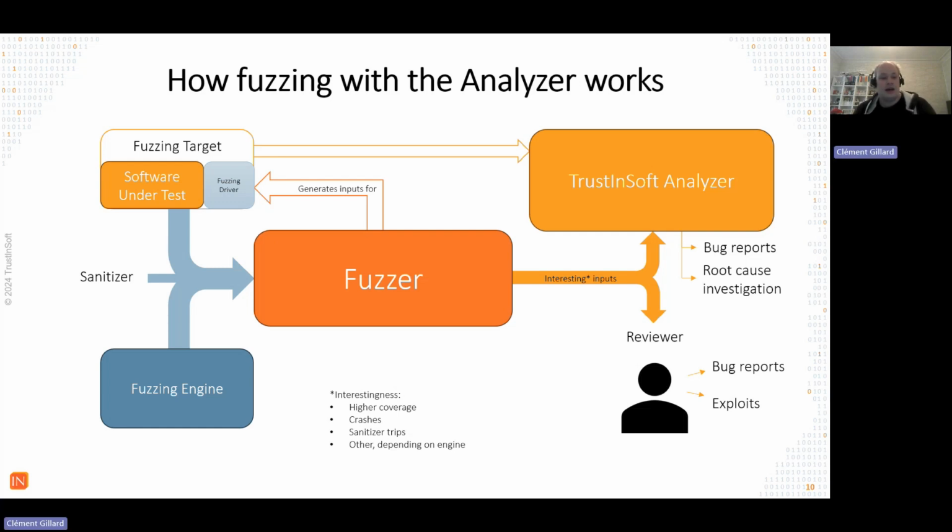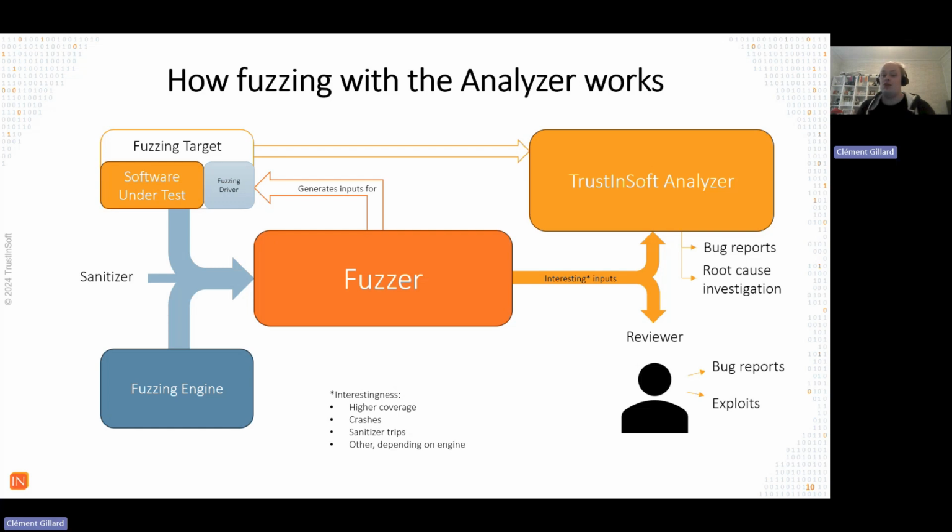Now, this fuzzing target, we're going to combine it with a fuzzing engine and typically also with a sanitizer to make a fuzzer. The goal of the fuzzer is to generate new inputs for the fuzzing target, basically randomly, but also with some heuristics in how to generate them. The interesting inputs that are generated are filtered out and sent to a human reviewer.